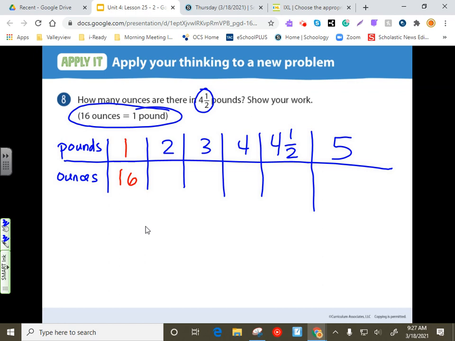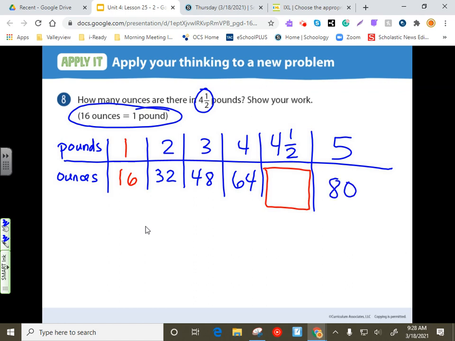We're multiplying 2 times 16, which is 32. 3 times 16, or you can think of it as adding 16, which is 48. 4 times 16 is 64. You don't know this one yet, so I'm going to leave this blank for a reason. Let's do 5. 5 times 16 is 80.